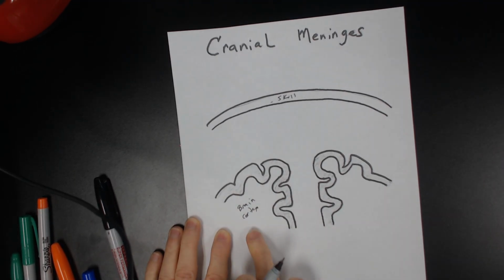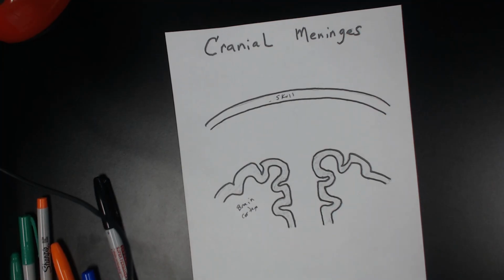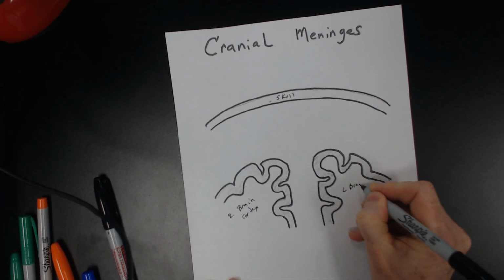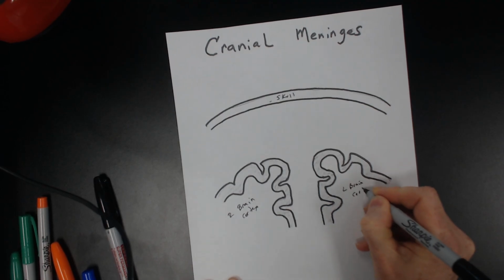If this was a frontal section, this would be the right brain cortex, and this would be the left brain cortex hemisphere.